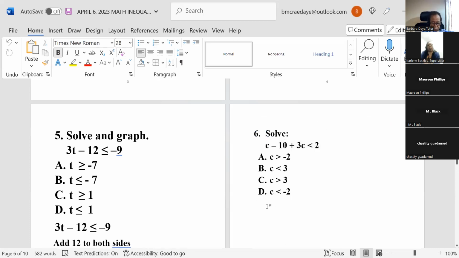Okay, so you got 2 steps here. First, you're going to combine your variables, right? So add 1C to 3C. Let me just put it here. Add 1C to 3C. So you're going to combine your variables.